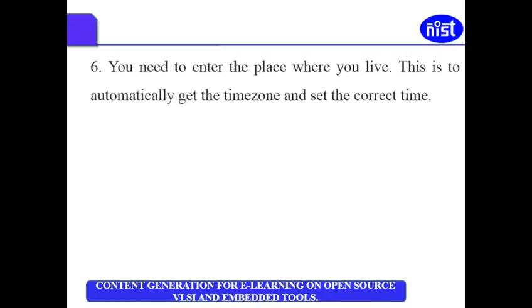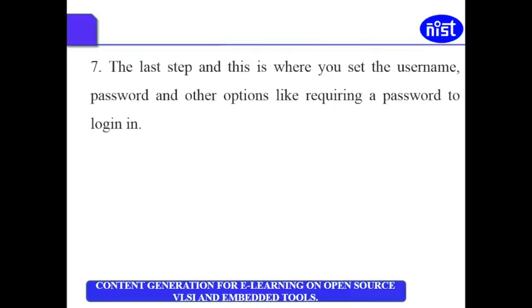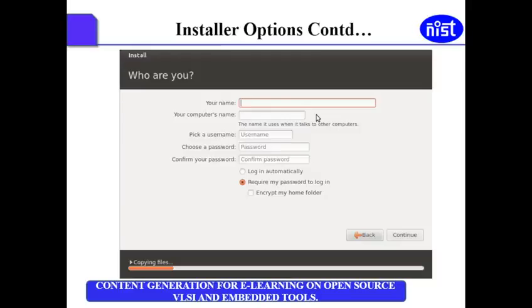You need to enter the place where you live. This is to automatically get the time zone and set the correct time for your PC. And then you move to the last step, and this is where you set the username, password and all other options for login.